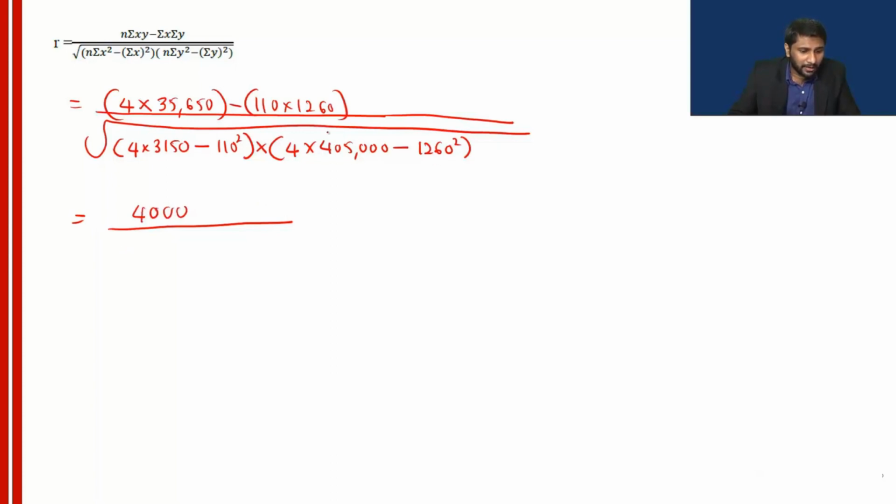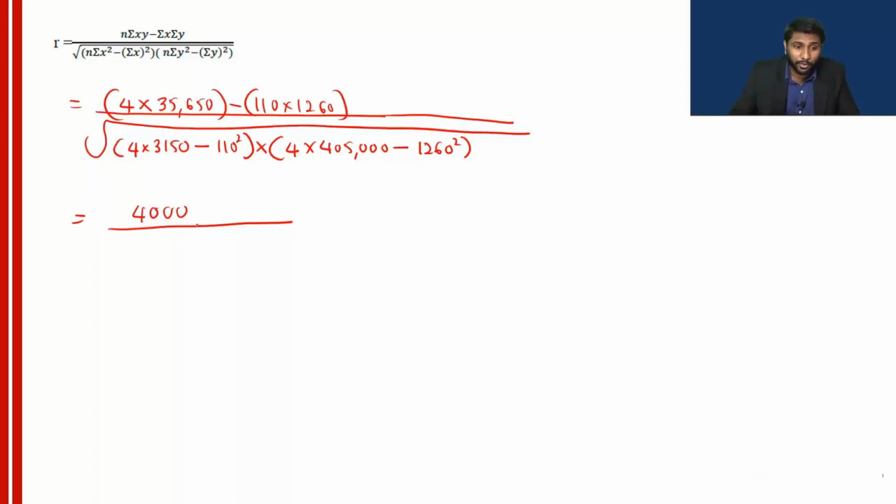So let me take the denominator. Inside the square root you will have to type it: 4 into 3150 minus 110 squared, close the brackets, again into, open the brackets, 4 into 405,000 minus 1260 squared, close the brackets. Then I am getting a value of 4024.9.